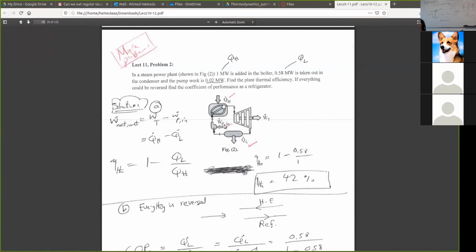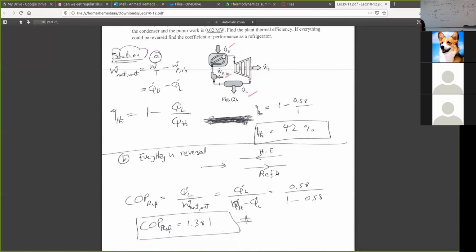The same for the pump. Correct, guys? So thermal efficiency is simply 1 minus Q low over Q high, which is 42%. That's a typical value. If you remember, Carnot was 60, 70, 50. So it's a little bit lower because Carnot is the most ideal engine. Okay, guys?